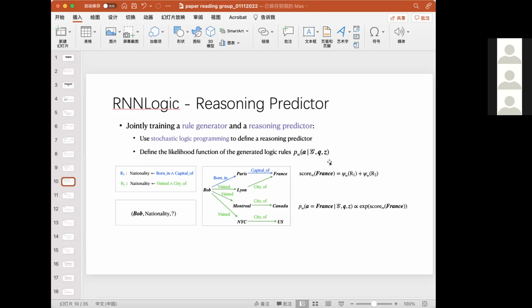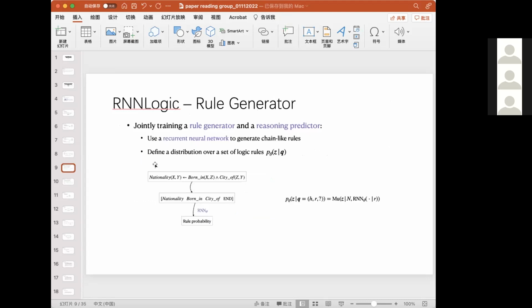Right. I see. So for each step, how do you exactly, I think you mentioned the RNN. Do you turn the RNN score and make it a probability? Right. So here, as we show in the rule generator, we will leverage our RNN model in order to calculate the rule probability.